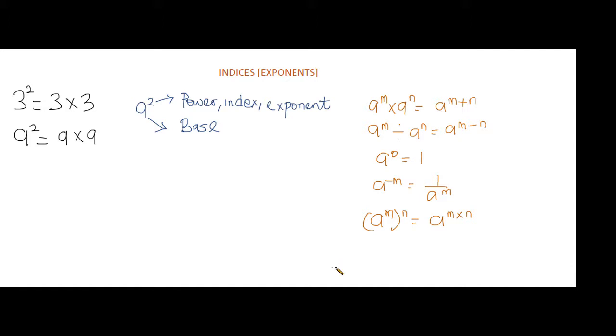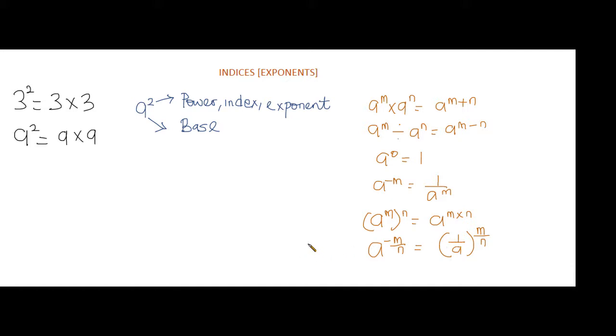We also have a raised to the power of minus m over n, and this is equals to 1 over a raised to power of m over n. For now, all we need to do is to take note of these laws. No need to get hasty. We're going to do some examples on each of these laws to give us better insight.